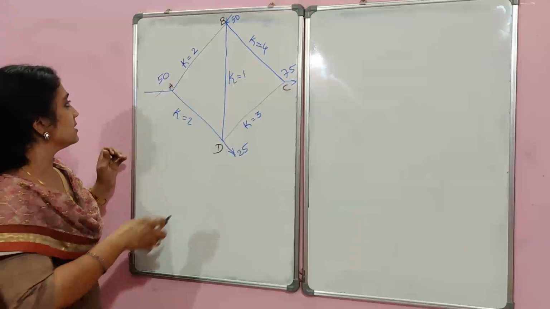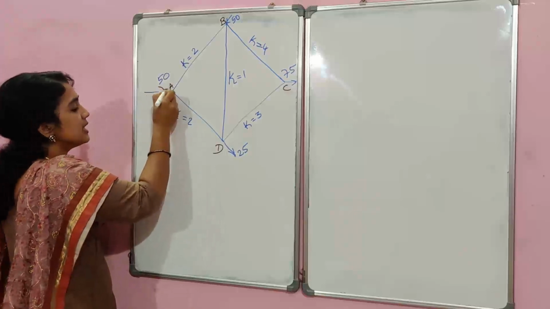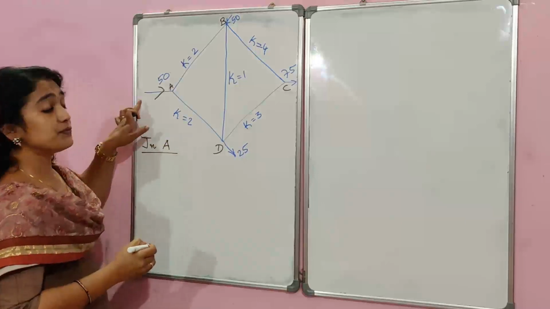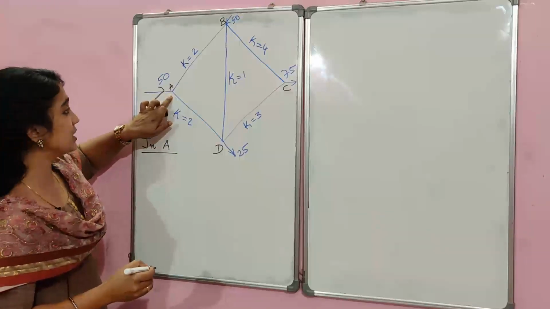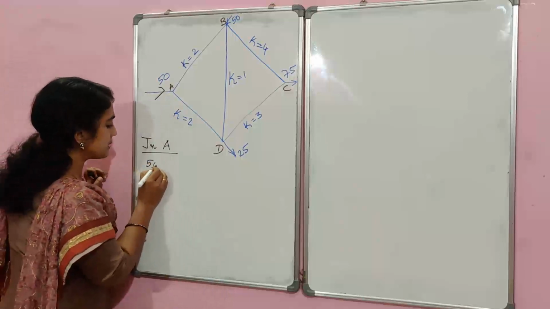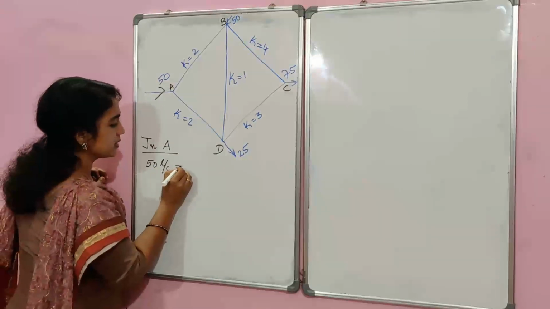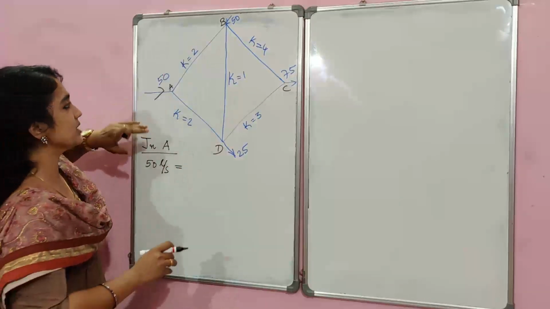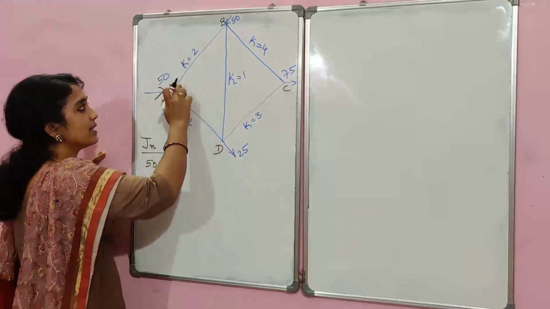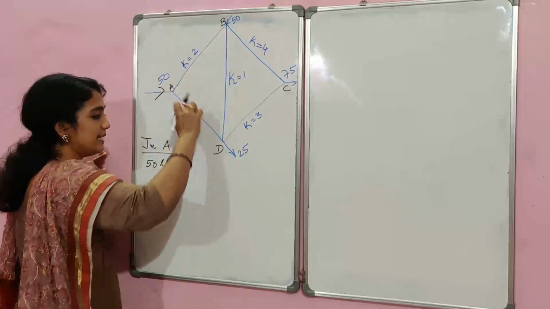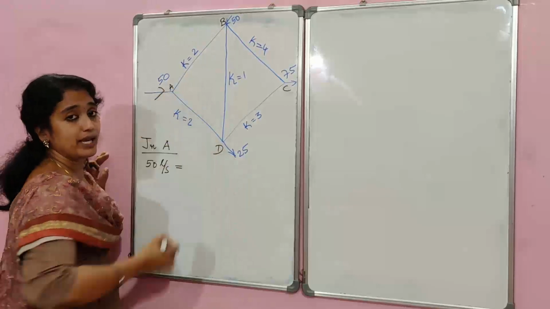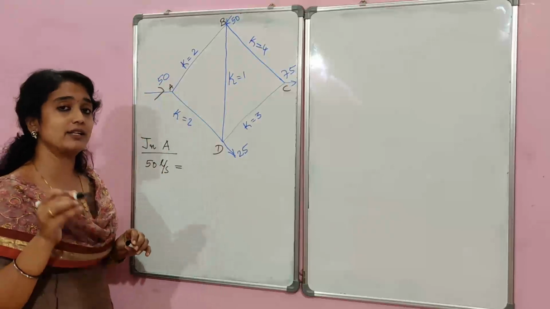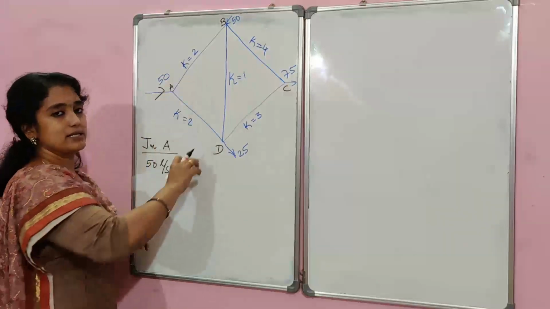That is, in the first junction, junction A, the flow coming into that junction is 50 liters per second. That should be equal to the flow leaving from that junction. Here 2 pipelines are there, AB and AD, starting from A. So we have to divide this 50 liters per second flow into 2 pipelines.